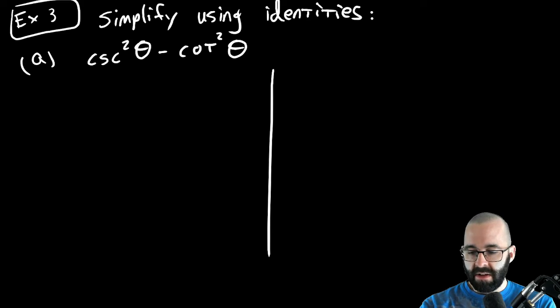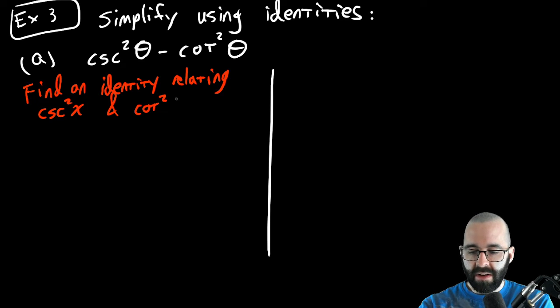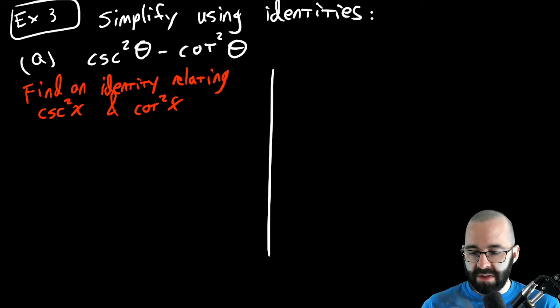What's that identity? Find an identity relating these two terms, cosecant squared and cotangent squared. That's one way of doing it, if you can find one. So 1 plus cotangent squared is cosecant squared.